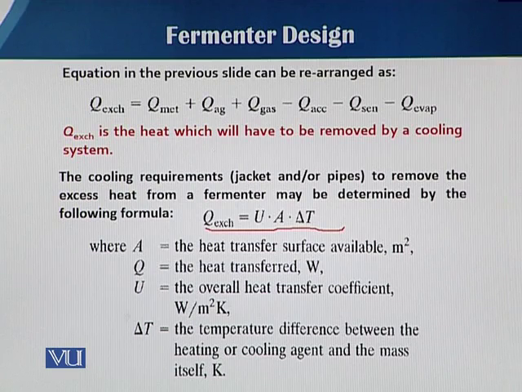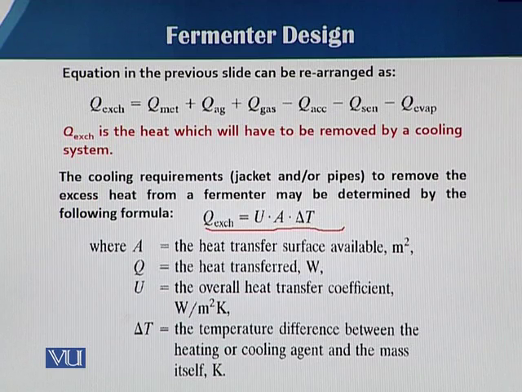Here A is the heat transfer surface available, the total area required for the transfer of heat. As we have already discussed, in a jacket less space is available, but in cooling coils more surface area is available.